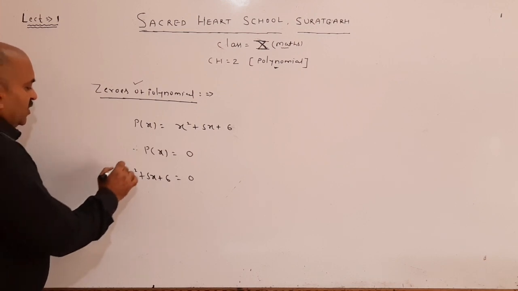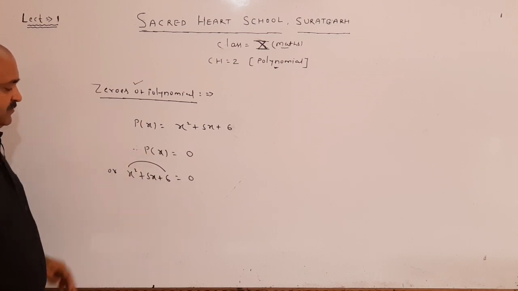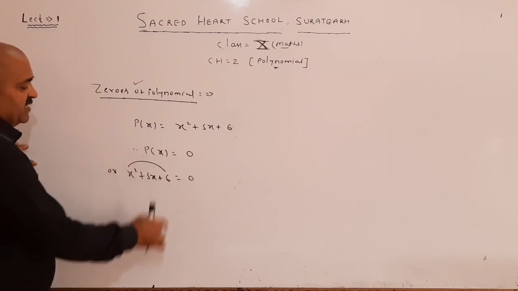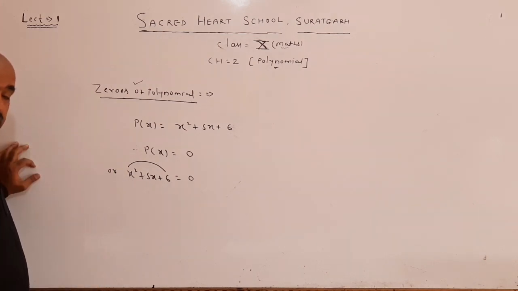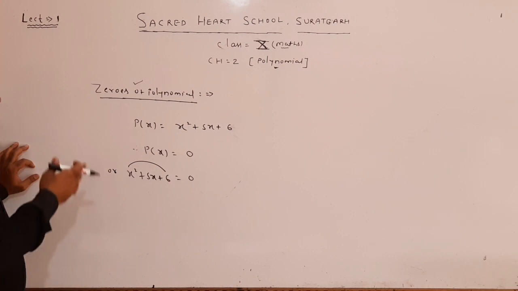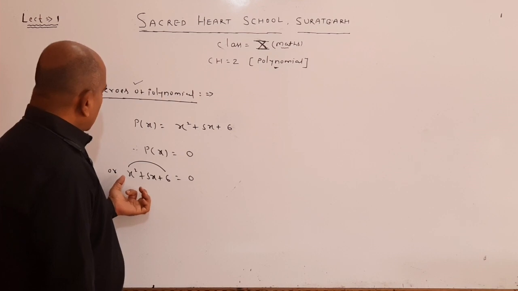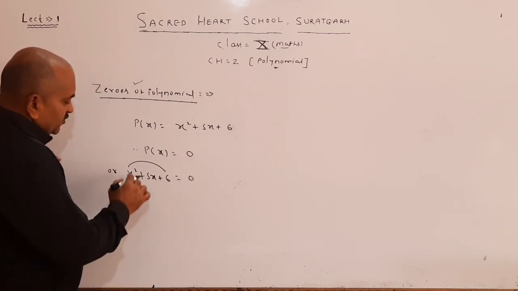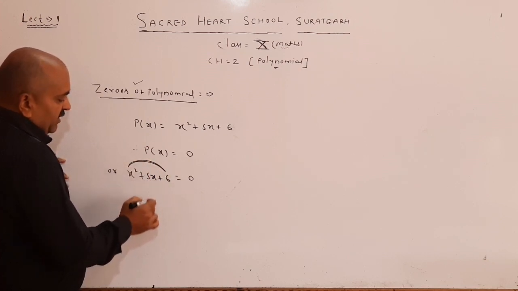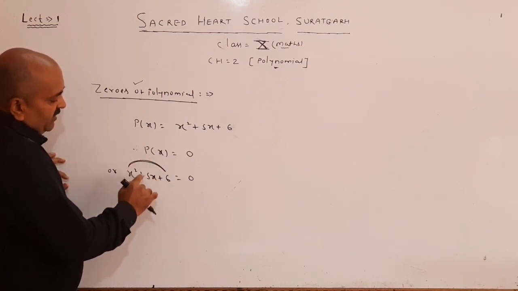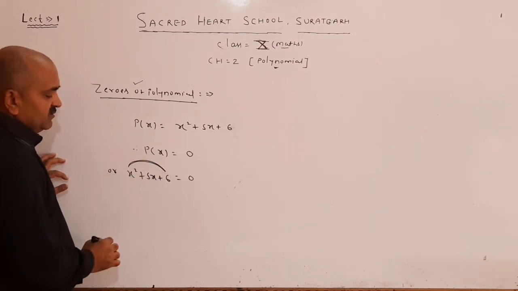Now friends, we use the middle term splitting. First and last multiply, we obtain 6x square, and we need numbers which add to give 5x. What is the suitable factor? We use middle term splitting: first and last multiply, we obtain 6x square, and if we add the numbers we obtain 5x, and if we multiply the numbers we obtain 6x square.